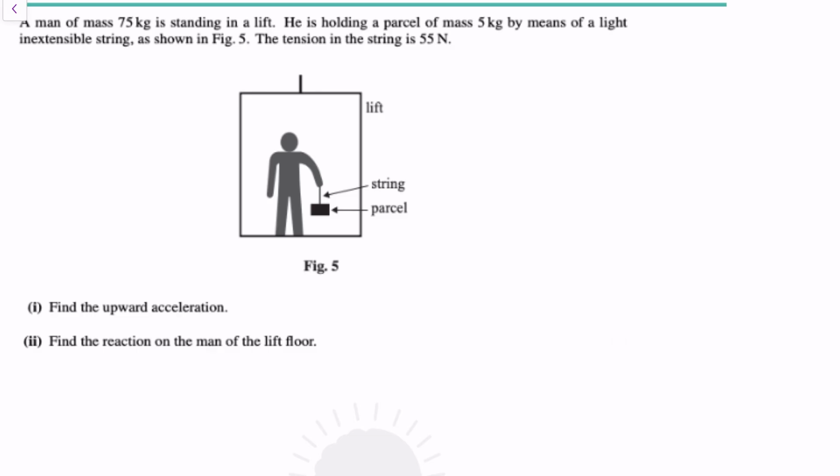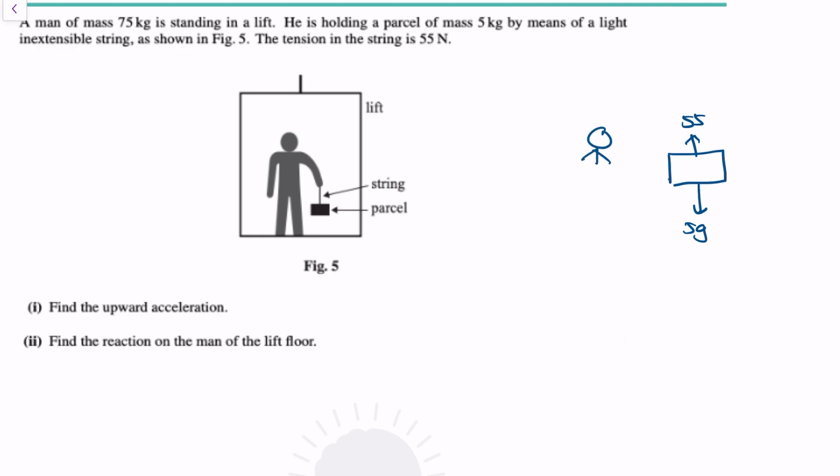So first thing we do know is we've got a parcel which is being held by a string. The mass is 5 kg, so the weight will be 5g. The tension on the string is 55 newtons, pulling up.